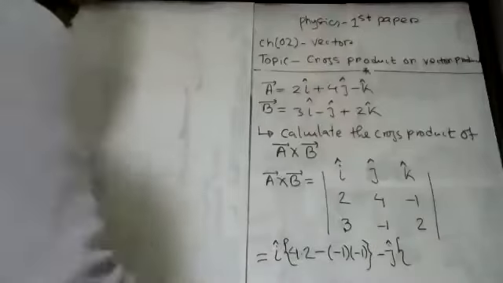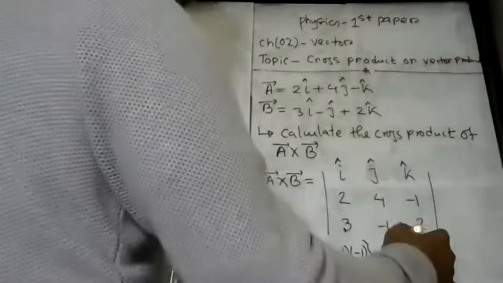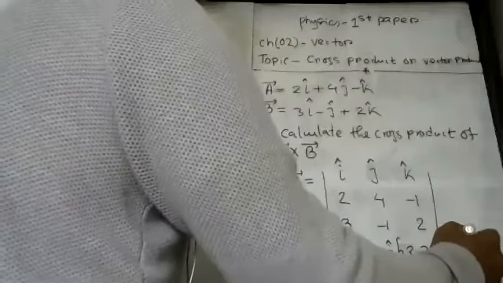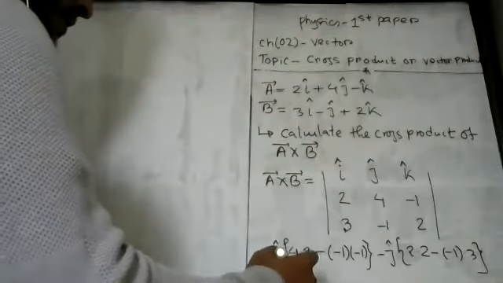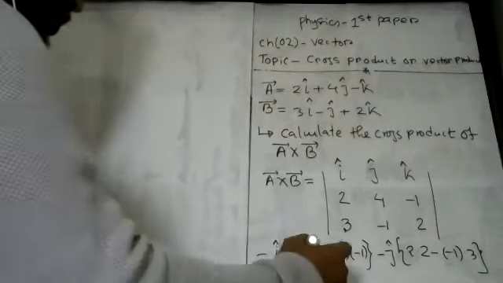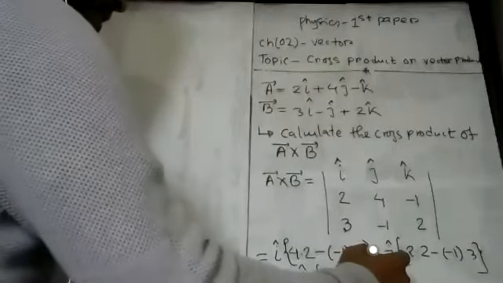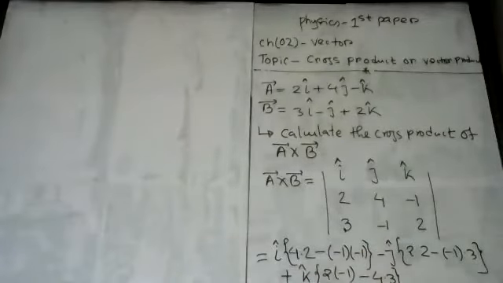For j hat, it is 2 multiplied by 2 minus minus 1 multiplied by 3. And the last one is for k hat: 2 multiplied by minus 1 minus 4 multiplied by 3. So it will give you the cross product of vector A cross vector B.